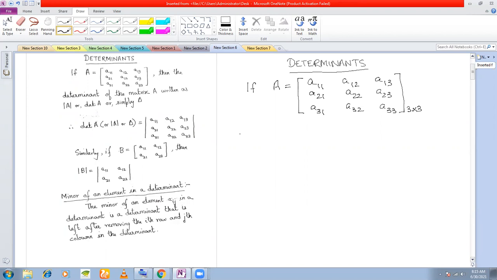Then the determinant of this is written as det A, or this symbol, or sometimes referred to as delta also. For this determinant, we give two vertical lines. This is what we call a determinant.